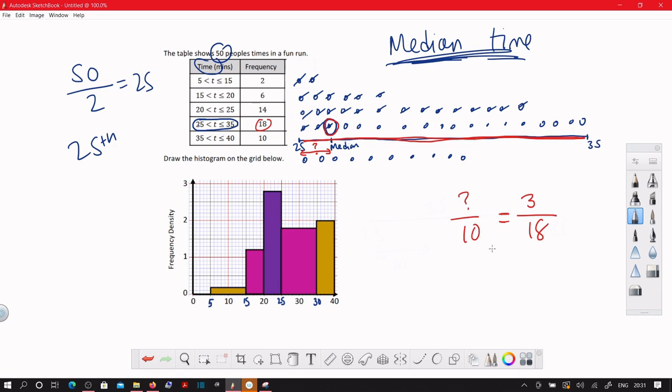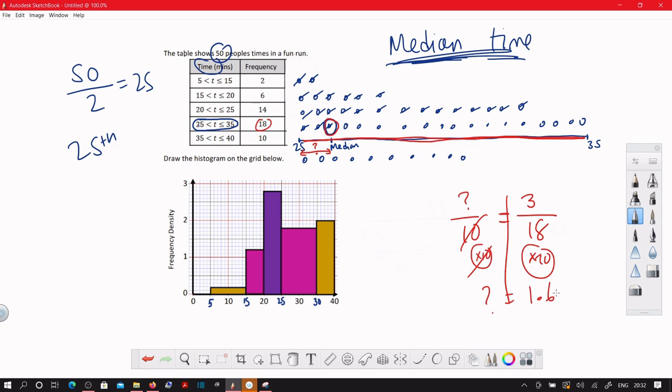So what we now do is work out this question mark. To get rid of the divide by 10, times by 10, and do the same thing on the other side. These cancel, so you're left with question mark is equal to 3 over 18 times 10. Let's have a look, 3 divided by 18 times 10. I get 1.6 recurring.